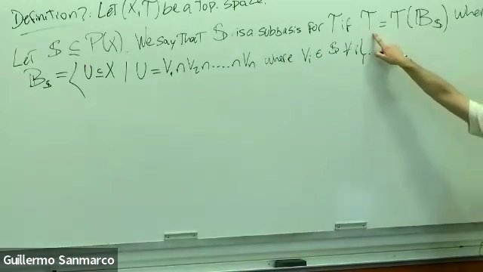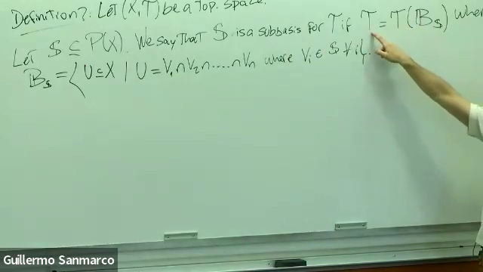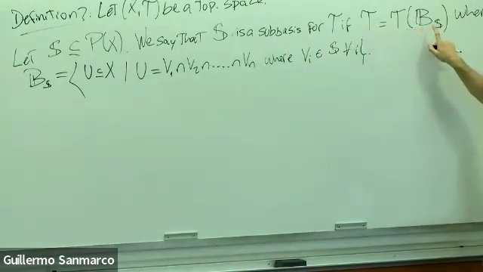So what I'm saying here is T equals T of B means every open coincides with unions of things in B's.